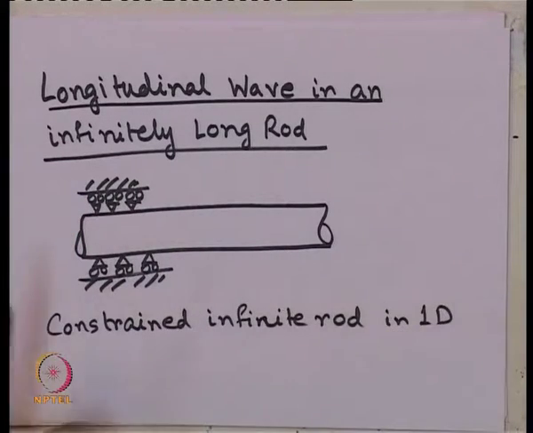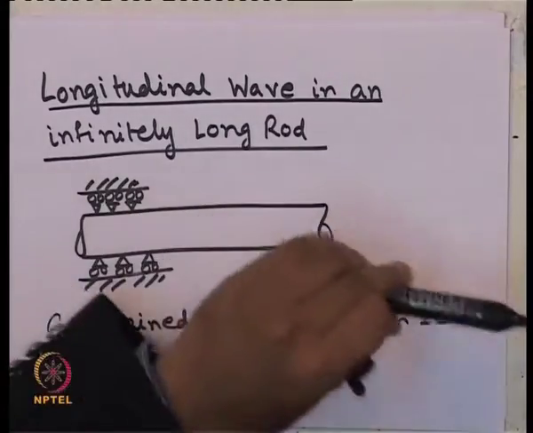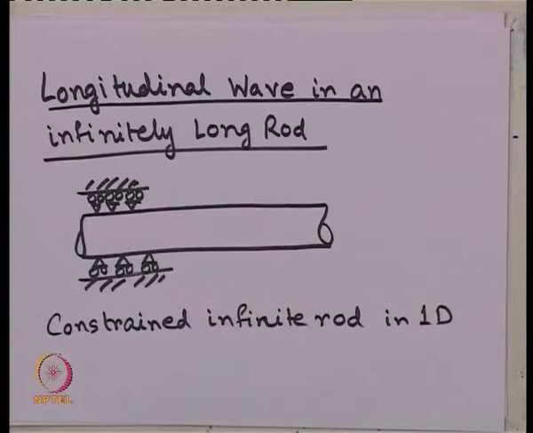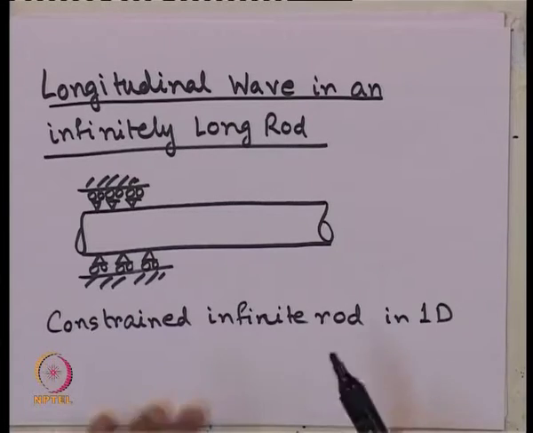So, that means we are only talking about the wave traveling in this direction. Okay. So, that is why we are taking care of one dimensional longitudinal wave for this constrained infinite long rod.